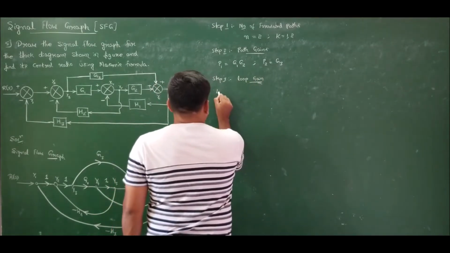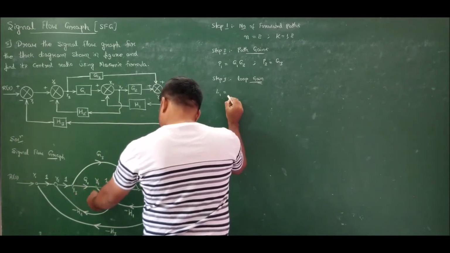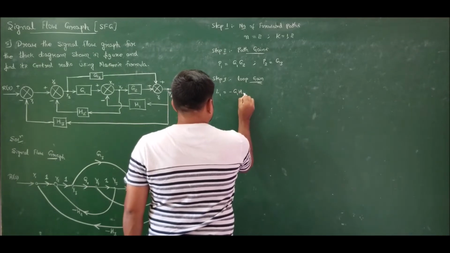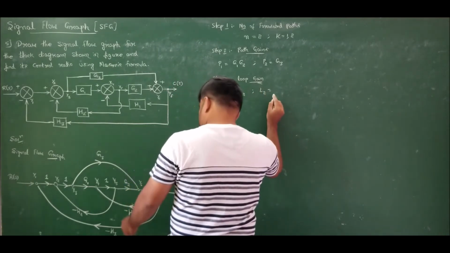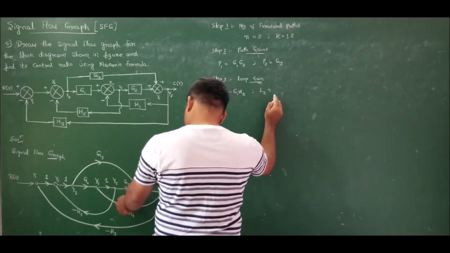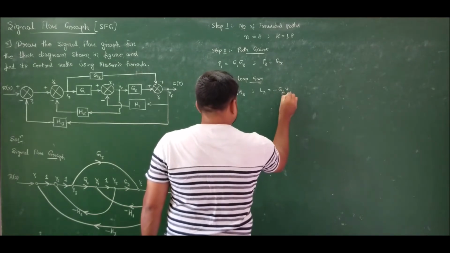Now moving for loops in step 3, if I go for loop gain, the loop gains are: loop 1 is g1 into minus h2, it is minus g1 h2. For loop 2 it is g2 into minus h1, minus g2 h1.